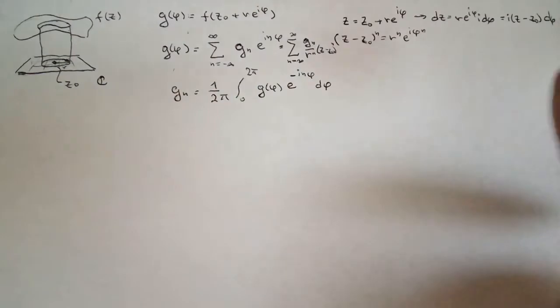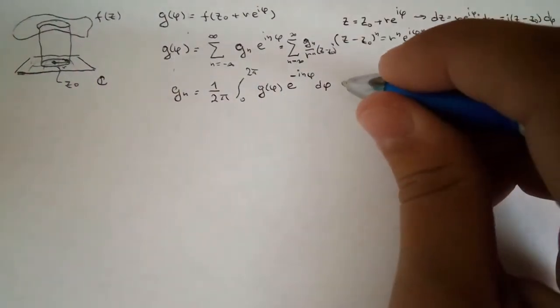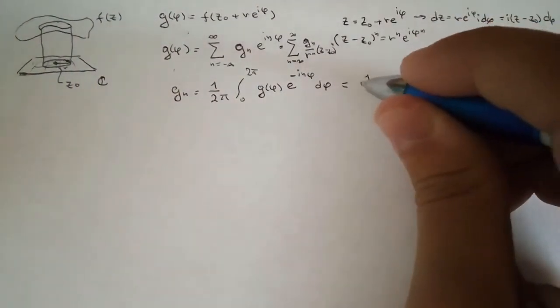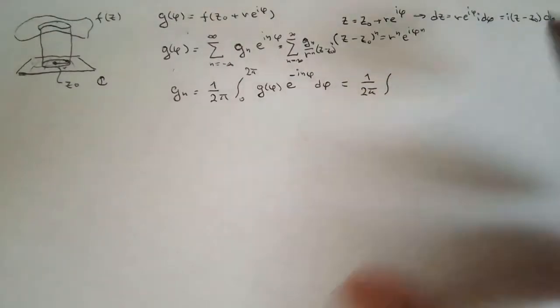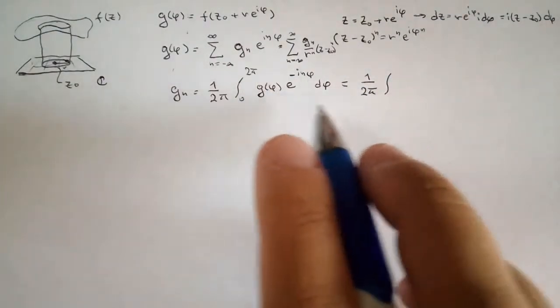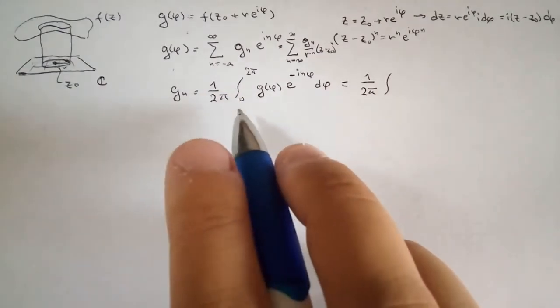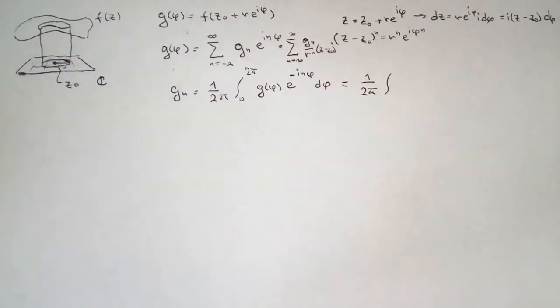So we are able to write this as 1 over 2 pi times an integral, and now we will perform a substitution.